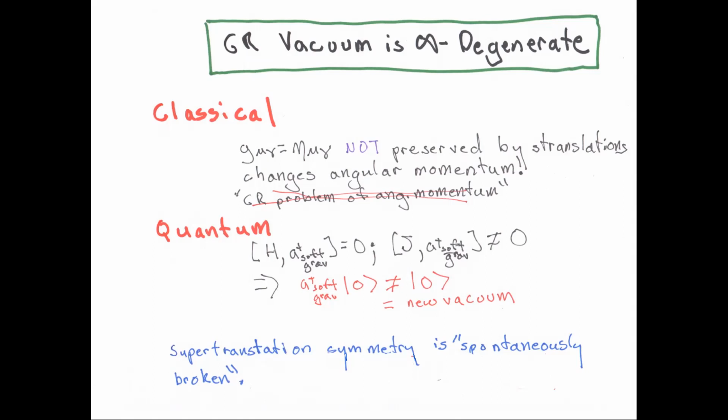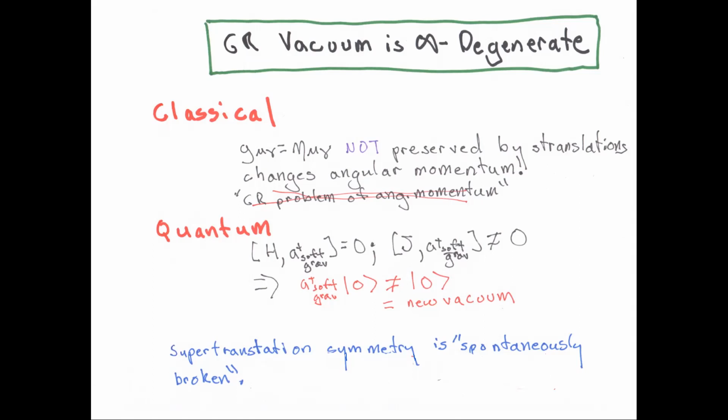So if we take a vacuum state and act on it with a soft graviton, we get another state which is still the vacuum in the sense that it has zero energy, but it has angular momentum which differs by 2. And it's not sensible to identify two states which have different angular momentum. If you do that, angular momentum can't possibly be conserved. This was known for 50 years as the problem of angular momentum in general relativity.